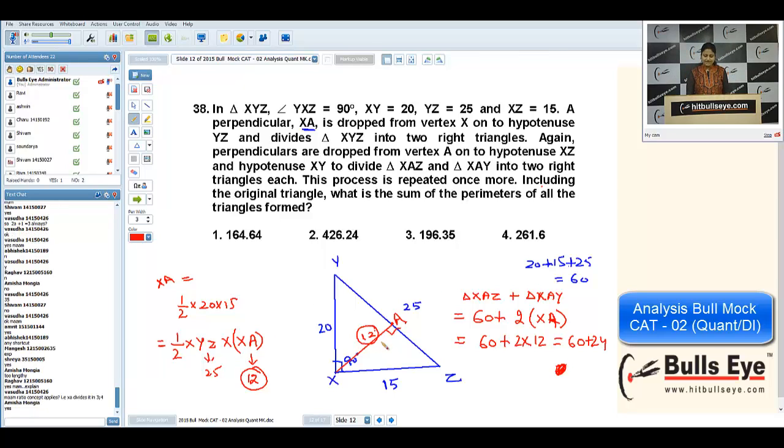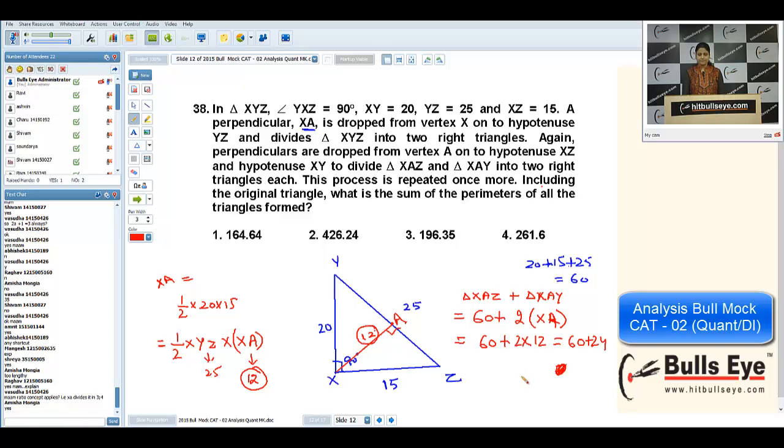Once again, in the resultant figure, I can see 3 triangles, 2 smaller and 1 bigger. Can you say all the triangles are similar? Whenever you have similar triangles, the ratio of corresponding sides will always be the same. Whenever you have 2 similar triangles, the areas will be in the ratio of the square of corresponding sides.